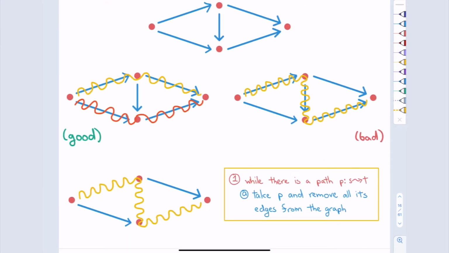But this doesn't always work. So here was a simple example that we focused in on. Of course, there are 2 paths from left to right if you went top and bottom. But if the first path you selected used that middle edge, you won't find a second path in the remaining graph. So this simple algorithm wasn't good enough.